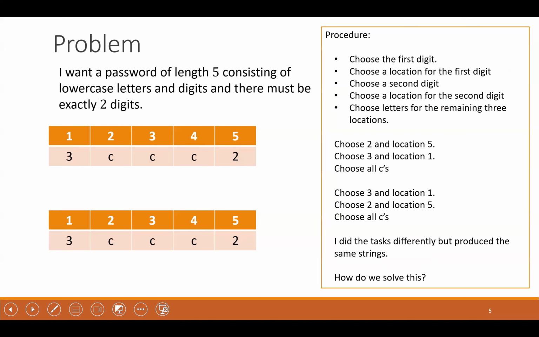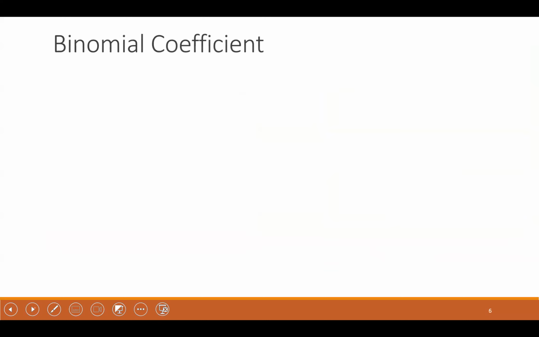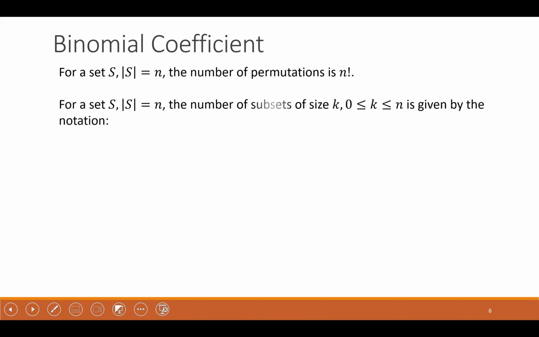The right way, well, we're going to talk about binomial coefficients, and then we're going to look at this, or a similar problem to this later on. We'll solve it with binomial coefficients. Okay, so things that we know for a set S that has size n, the number of permutations is n factorial.